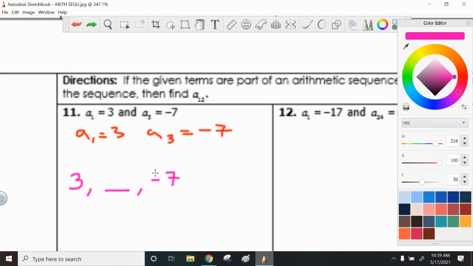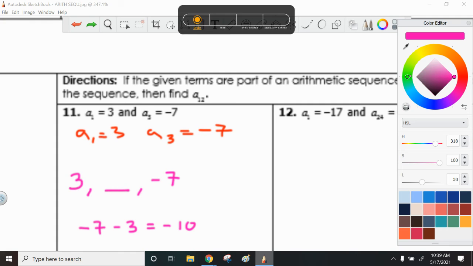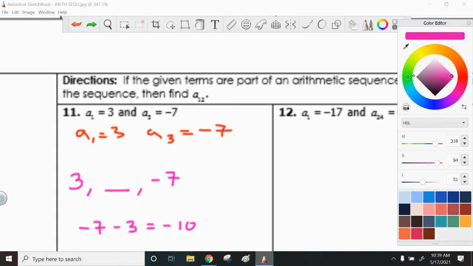Another thing you can do is say, if I take negative 7 and I subtract 3, that's going to give us negative 10. That's the difference from here to here. But I can't jump negative 10 at a time, because if I jump negative 10, I'm already going to be at negative 7, and if I jump negative 10 again, I'm going to be way below negative 7.